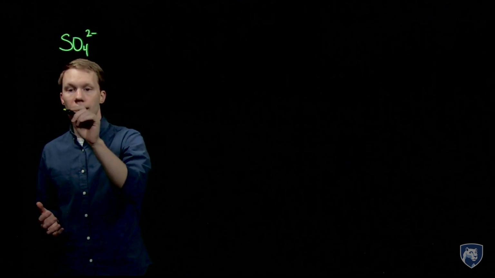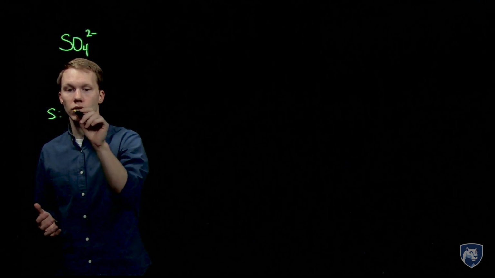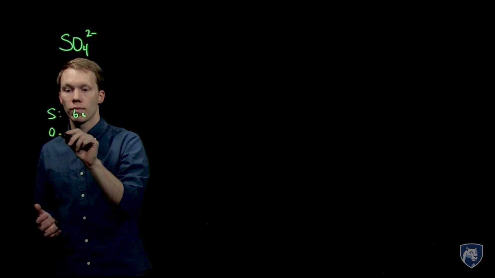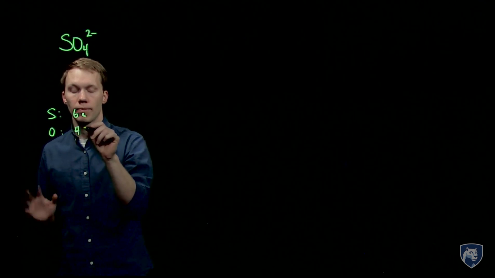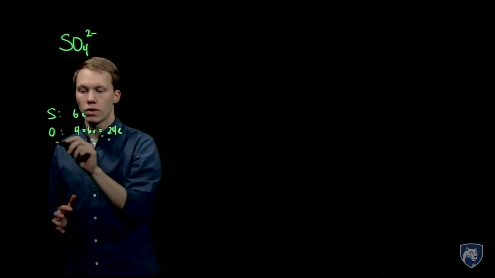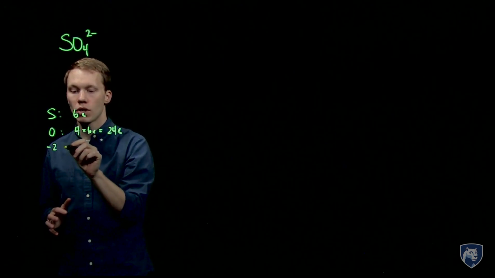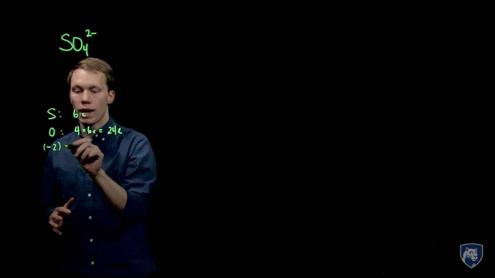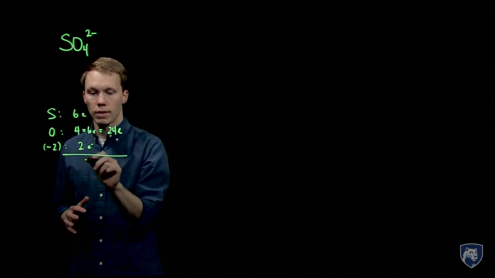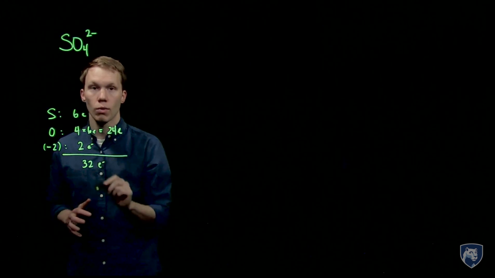If we count the number of electrons and draw the Lewis structure, sulfur brings 6 electrons, and oxygen brings 6 electrons each, with 4 oxygens, so that's 24 electrons total. And the fact that we have a -2 charge means that we will have 2 additional electrons, so this gives me 32 electrons to work with.